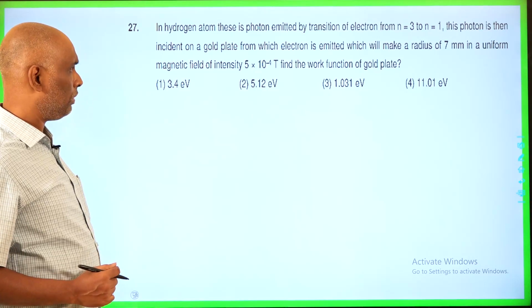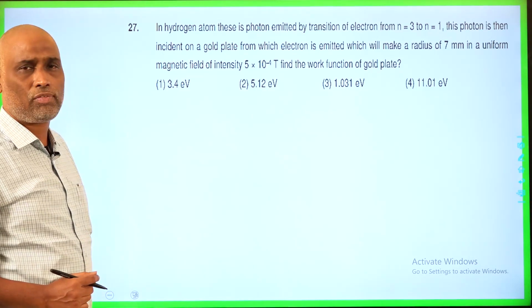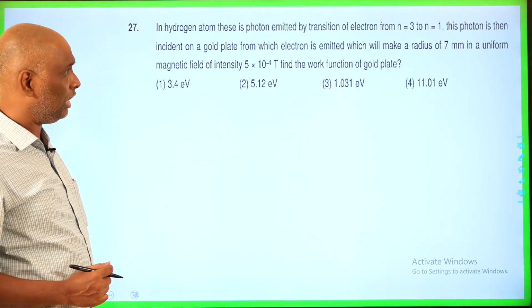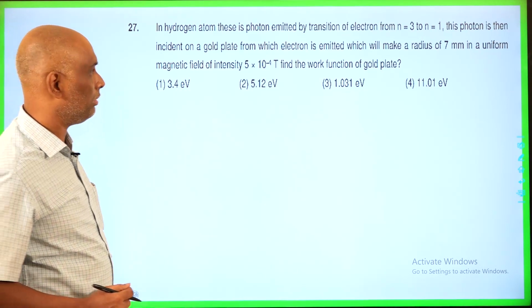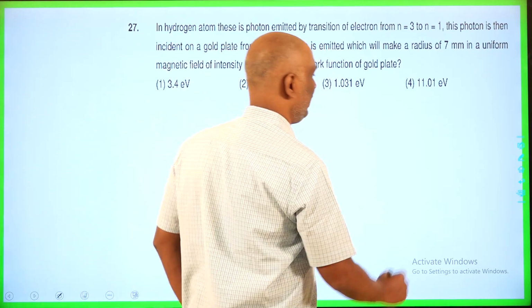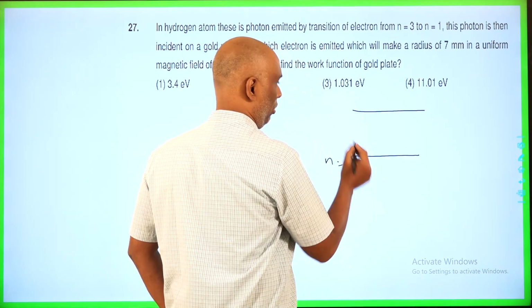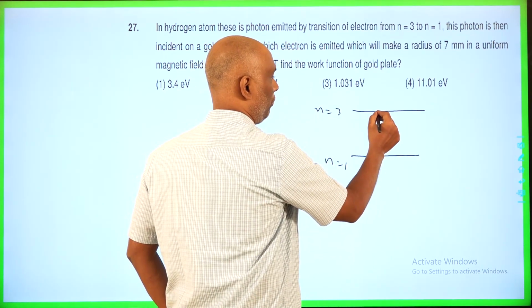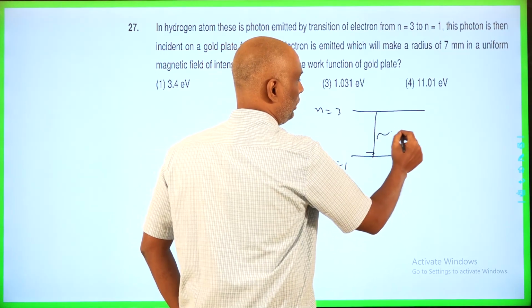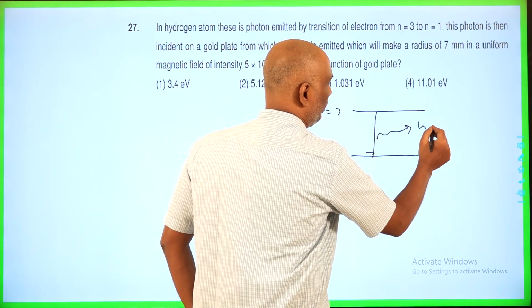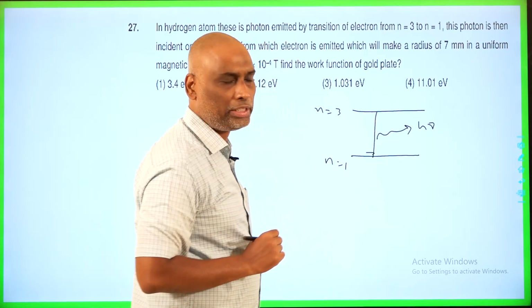First of all, you have to understand that there is a transition of the electron from n equal to 3 state to n equal to 1 state. Let us imagine this is the photon which is emitted.